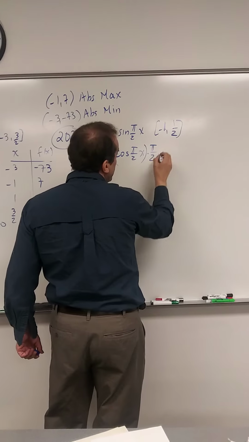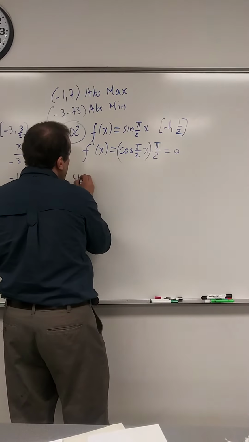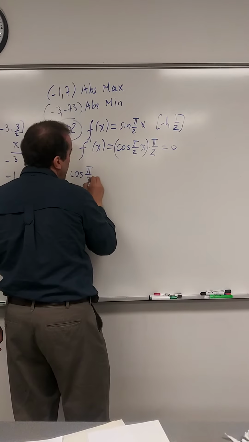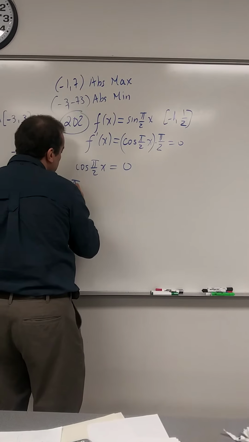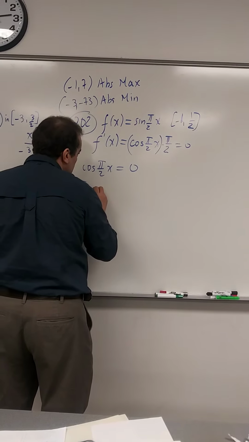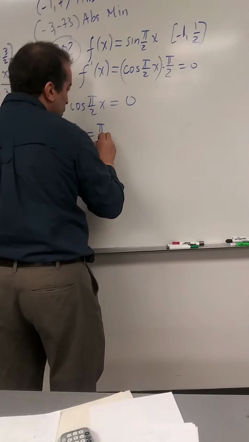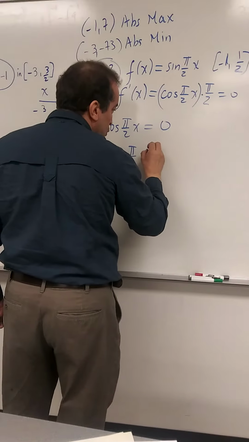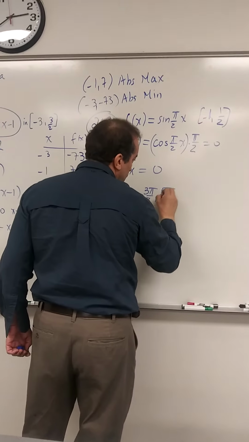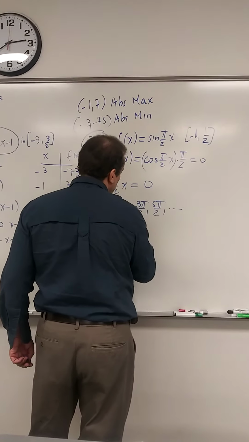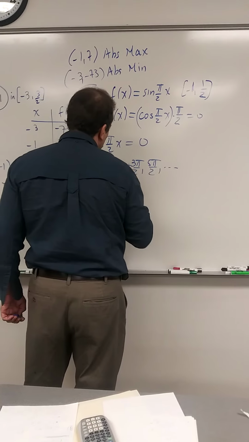And we need to set this equal to 0, so cos of pi over 2 x equals 0. That means pi over 2 x equals pi over 2, or 3 pi over 2, or 5 pi over 2, etc., plus or minus.